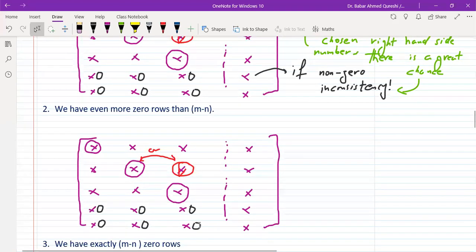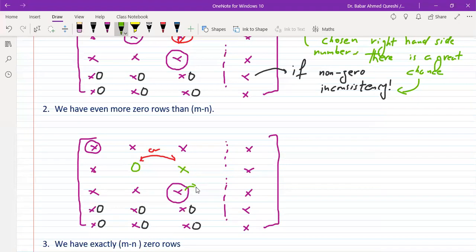So these two rows are guaranteed to be 0, but as we have seen previously, it's possible that you do not encounter a non-zero number here. It's possible that you get a 0 here. Then you move to the next column, and then you hope that you get something non-zero here. Then this is your leading non-zero number, but then everything below it becomes 0.